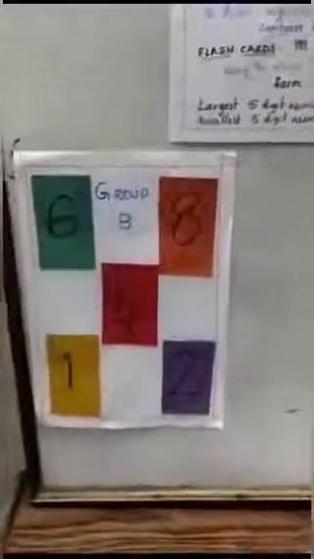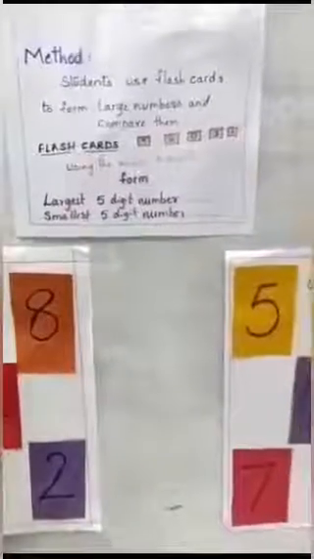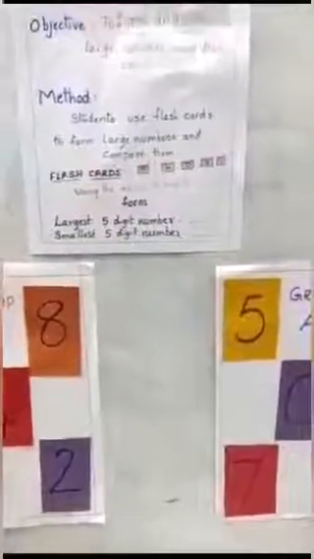Now group C forms the largest 5-digit number and the smallest 5-digit number, and group D writes the ascending order and descending order. This is an activity to be done by yourself using the flashcards. Form the 5-digit largest number and the 5-digit smallest number.